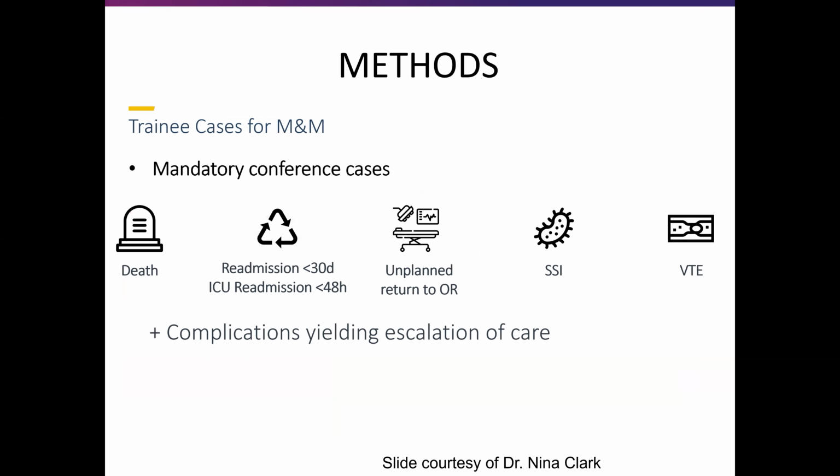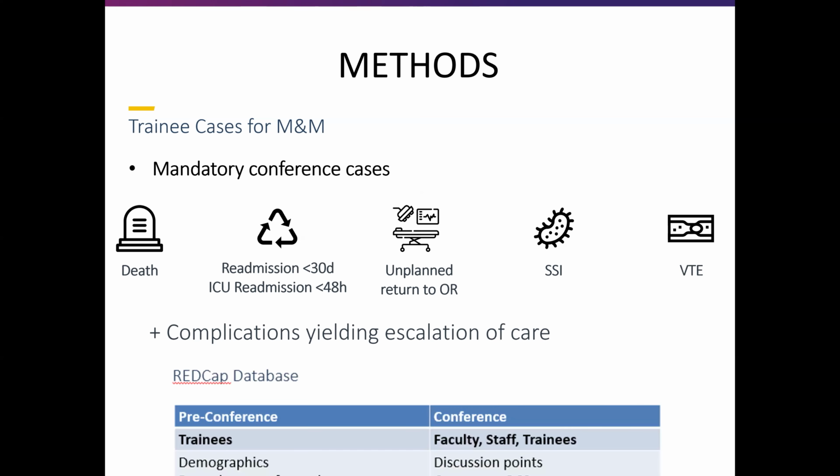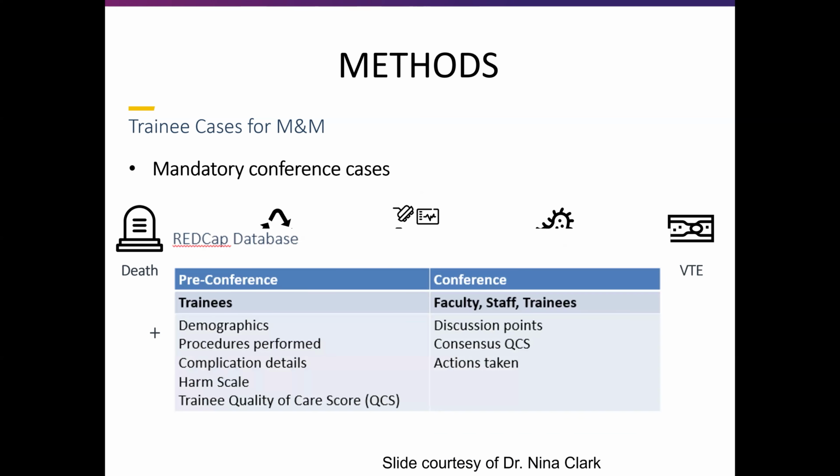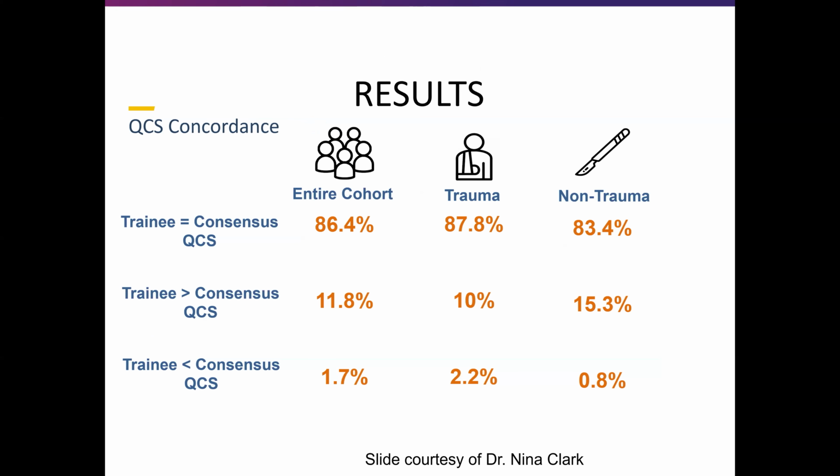To share her slides and work, they looked at many of the most likely complications: death, readmission, unplanned return to the operating room, surgical site infection, venous thrombosis, looking at the details, as I mentioned, captured by REDCap. What this paper really looked at was whether there is a concordance in how trainees view complications compared to how faculty do.